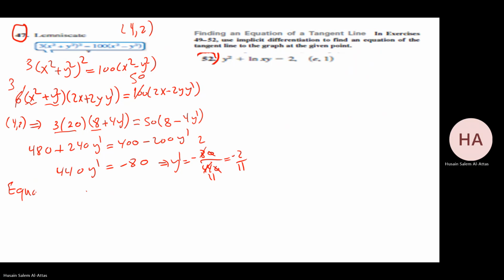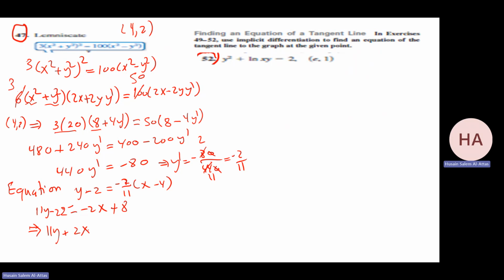The equation will be y minus 2 equals minus 2 over 11 times x minus 4. In other words, multiply by 11: 11y minus 22 equals minus 2x plus 8. So that implies 11y plus 2x equals 30.